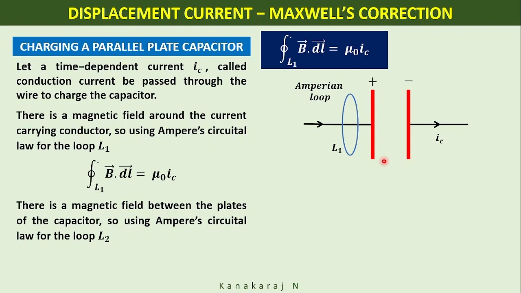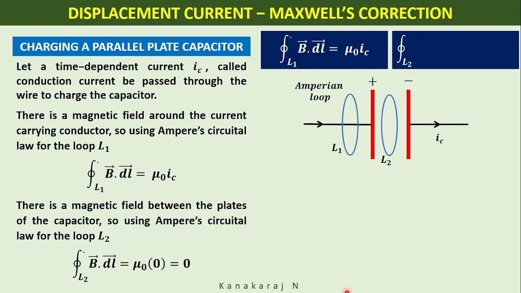Applying Ampere's circuit law for the loop L2, there is no net conduction current between the plates, no flowing of charge, so the right hand side becomes mu naught times 0, which is 0.